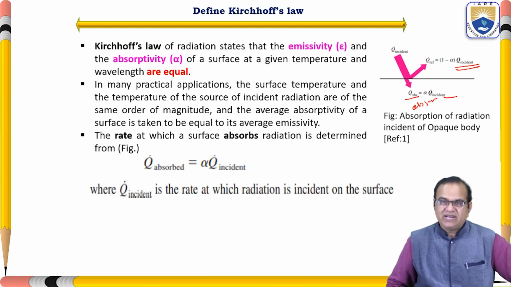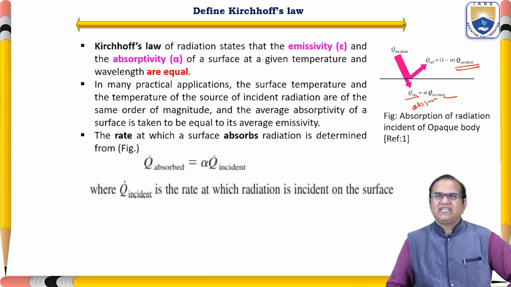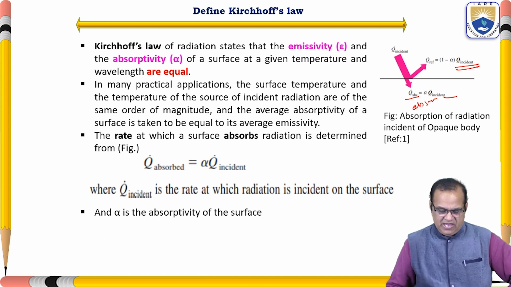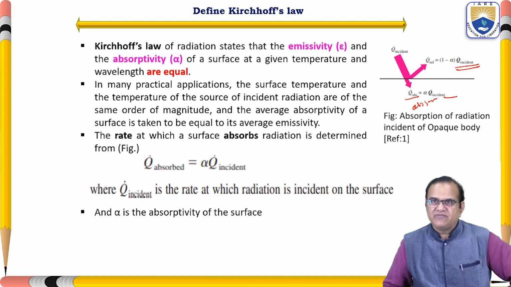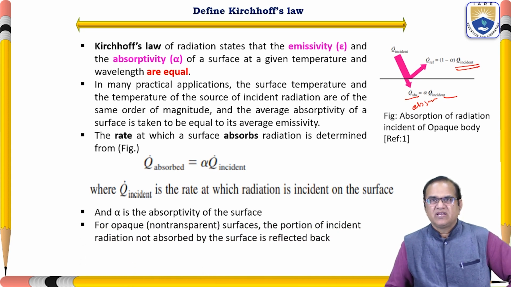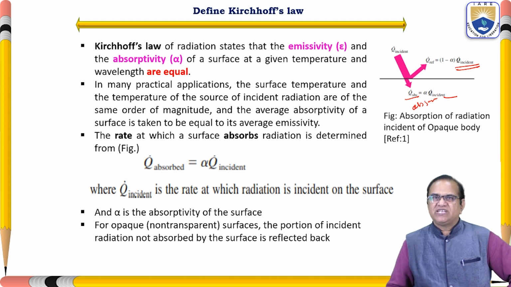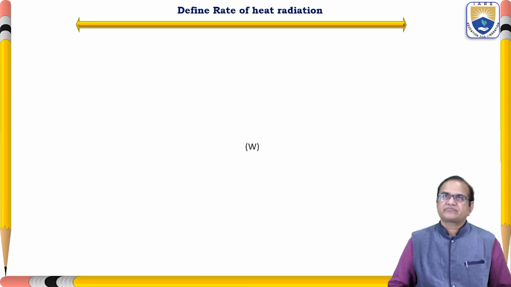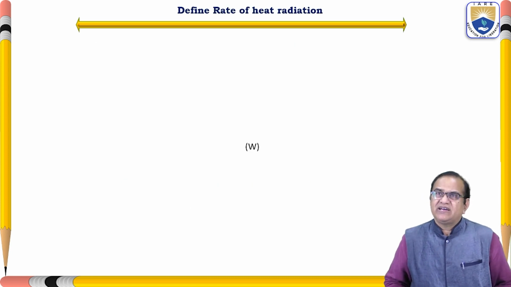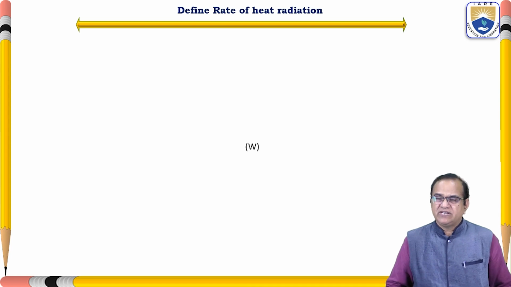Here Q incident is the rate at which radiation is incident on the surface, and alpha is the absorptivity of the surface. For opaque or non-transparent surfaces, the portion of the incident radiation not absorbed by the surface is reflected back. Now we will define the rate of heat radiation.